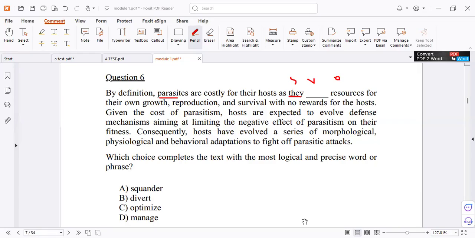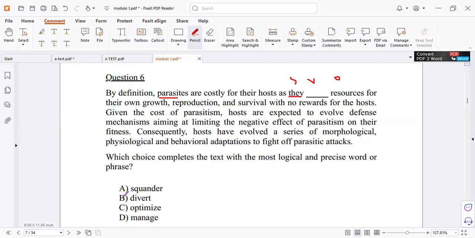So divert. What do you understand from the word? Divert means like to steal. Yeah, they use the resources of the hosts.